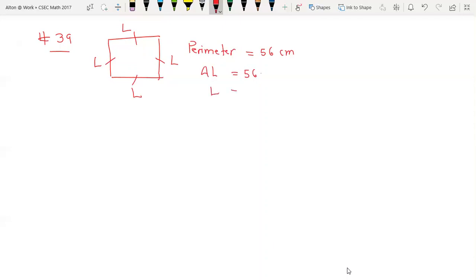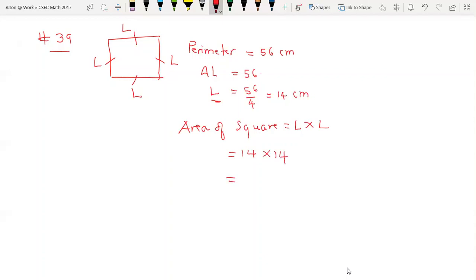So one side of the square represented by L will be 56 divided by 4, which is 14 centimeters. Now, another formula that we need to remember is the formula for the area of the square, which you know as what? Side by side? That's correct, side by side. So, if we need to find the area of the square, L is what we're using as our side. So, it will be L by L, 14 by 14.